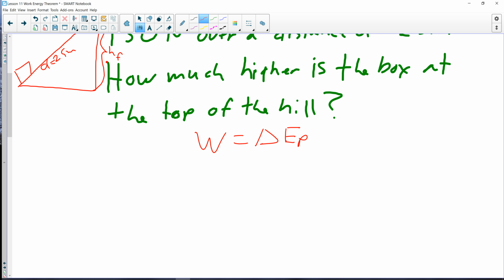Now, they give me the force and the distance, so I know I'm going to have to use that, force times distance, and I know there's a change in the potential energy, so that's going to be m times g times h final minus m times g times h initial, which we already established is how much? 0.